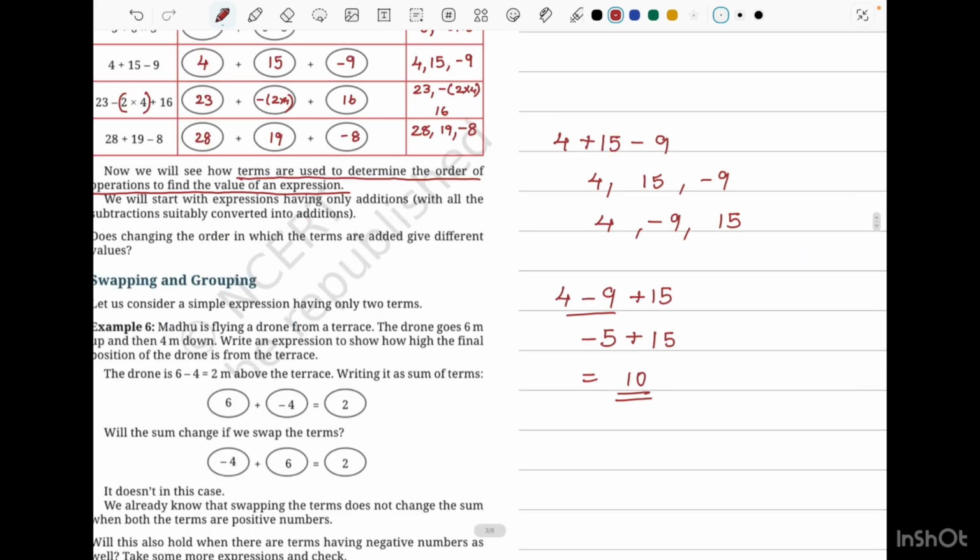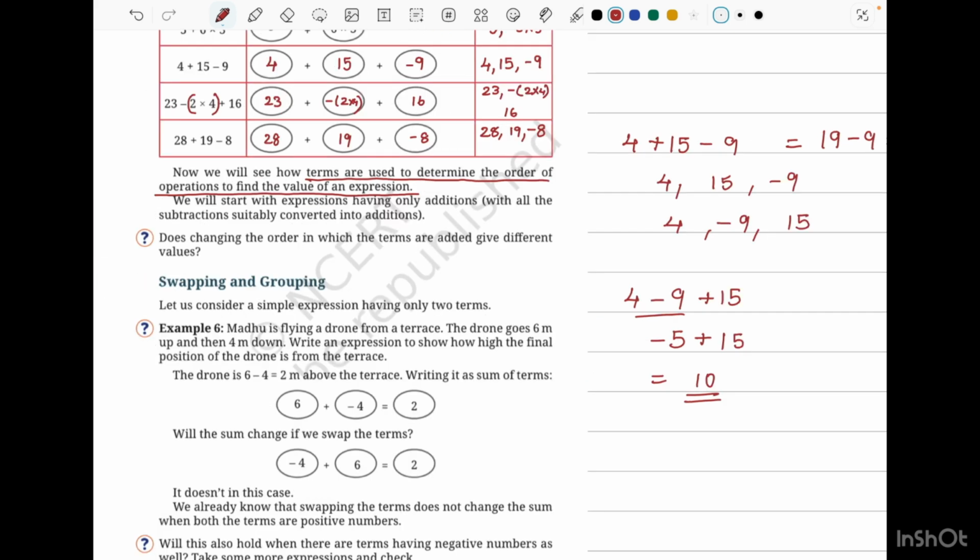In the other one, 4 plus 15 minus 9: 4 plus 15 is 19, minus 9, which is equal to 10. So the answer is the same. If we change the order of the terms, it will not change the value. So changing the order in which the terms are added gives the same value.